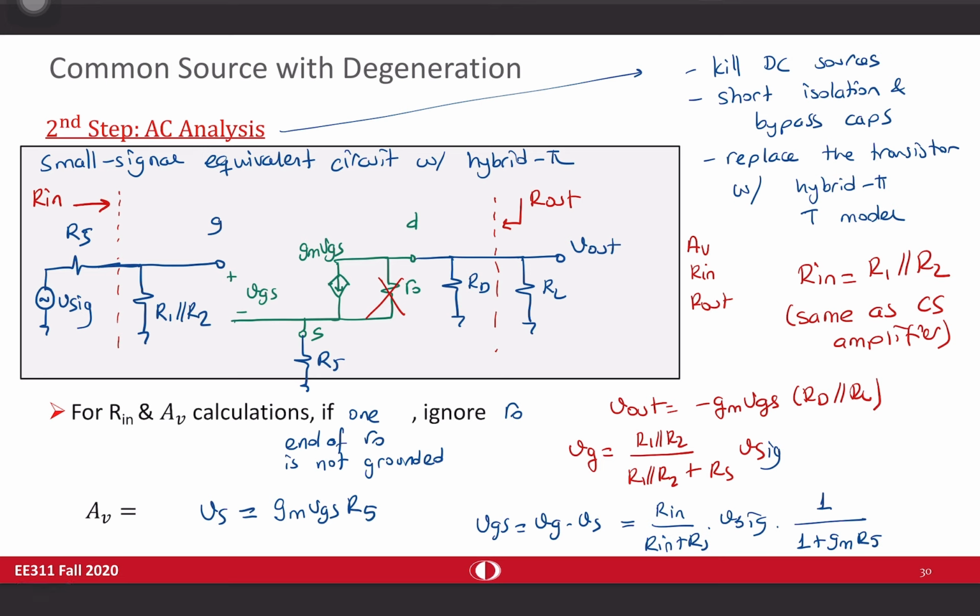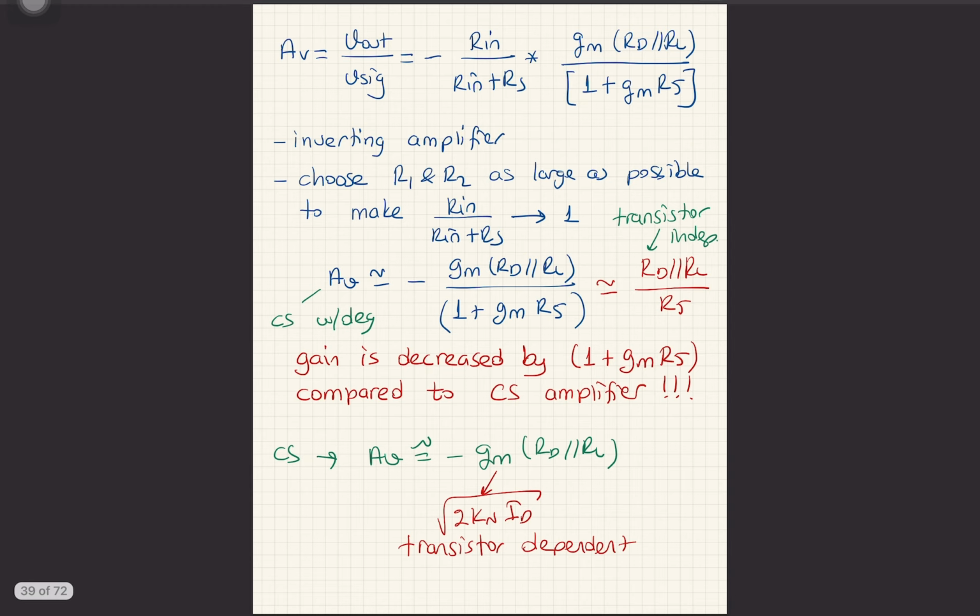So we find Rin, we find the voltage gain. Voltage gain expression is quite similar to the common source amplifier, but the gain is decreased, of course. It's still an inverting amplifier. And for achieving a larger gain, you need to choose a large RD resistance, of course, with this common source with degeneration amplifier.